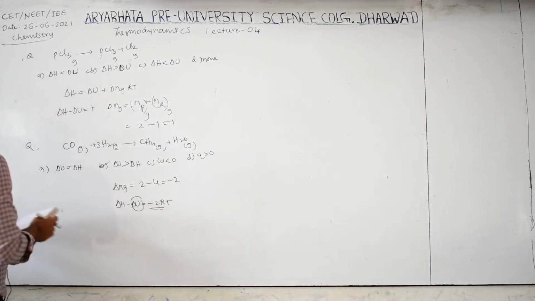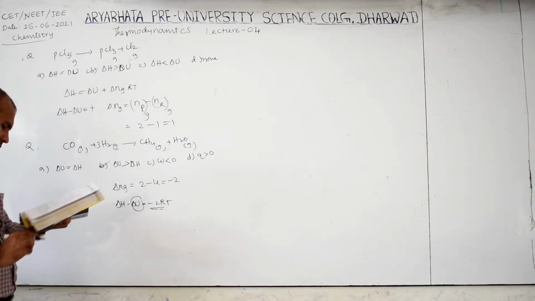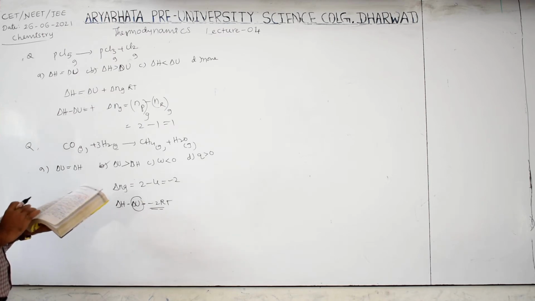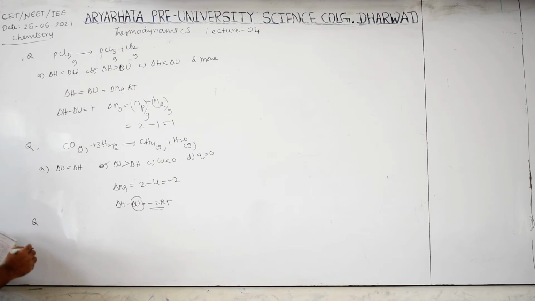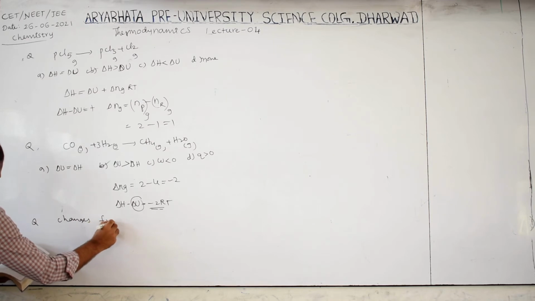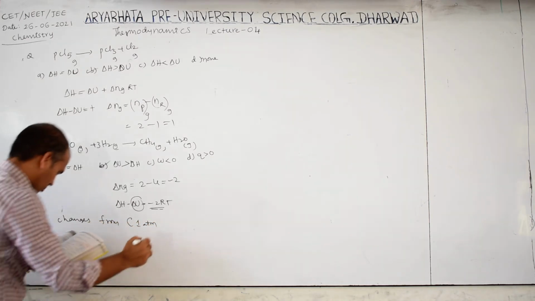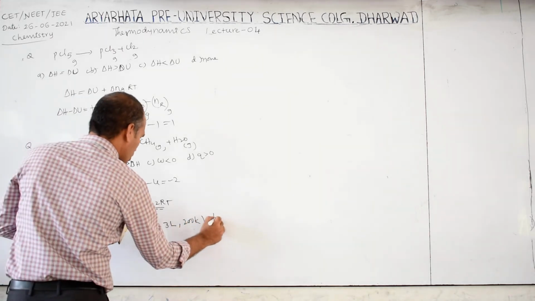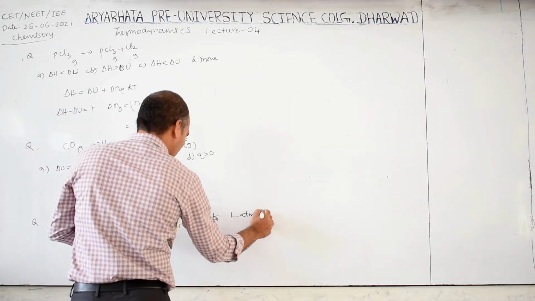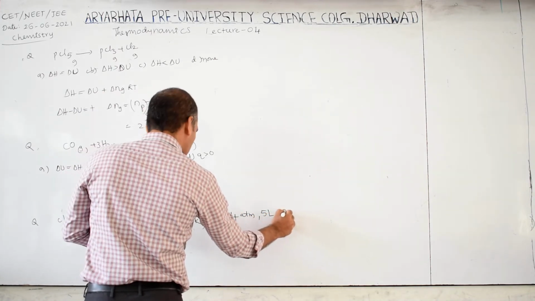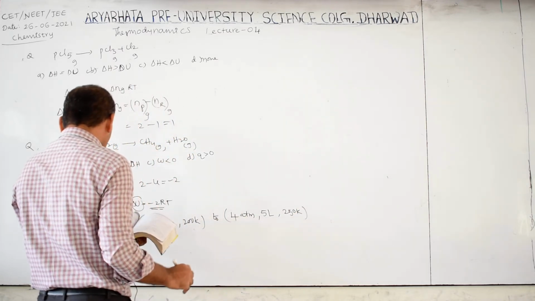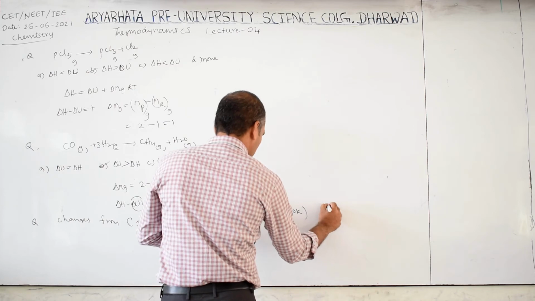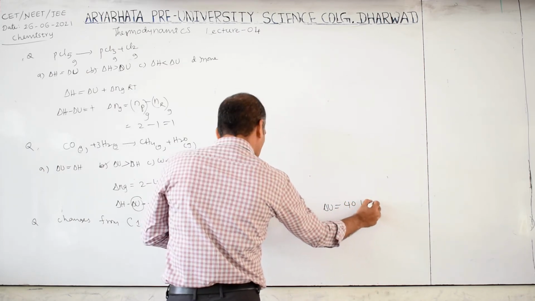Okay. Next, another question is based on this. 1 mole of non-ideal gas undergoes change of state from 1 atm, 3 liter at 200 Kelvin to 4 atm, 5 liter at 250 Kelvin temperature, with internal energy change delta U equal to 40 liter atmosphere.